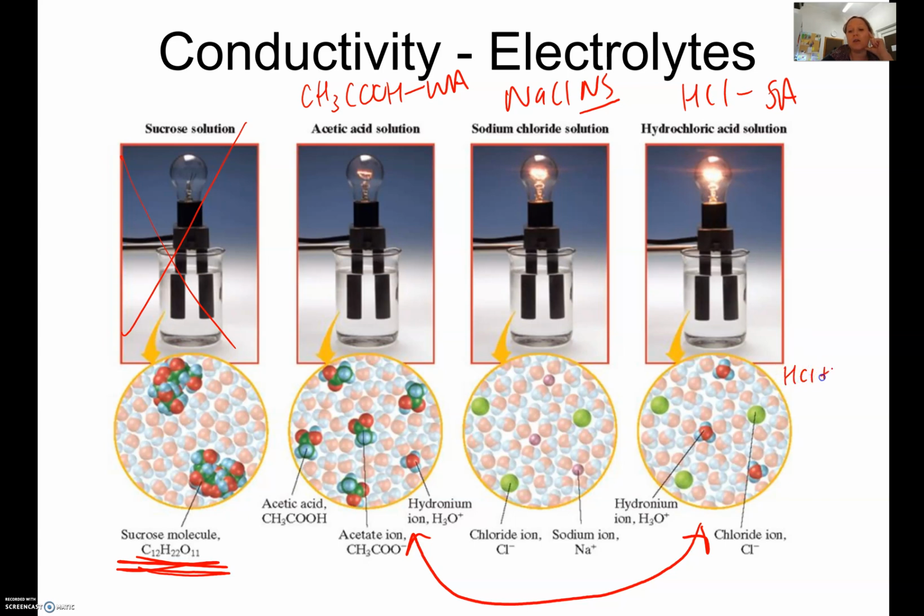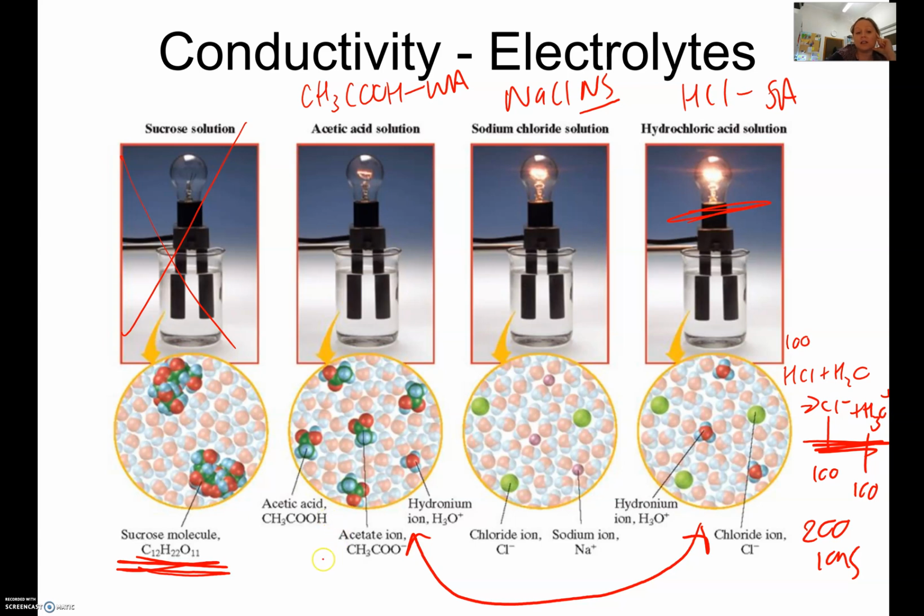So HCl plus H2O forms Cl minus plus H3O plus, and so you get the maximum amount of ions present. If there were 100 HCl molecules, as soon as they touch the water, you get 100 Cl minus and 100 hydronium, which gives a total of 200 ions, and so that's lots of ions, and therefore you get a high conductivity because ions are needed to conduct, and a nice bright bulb.